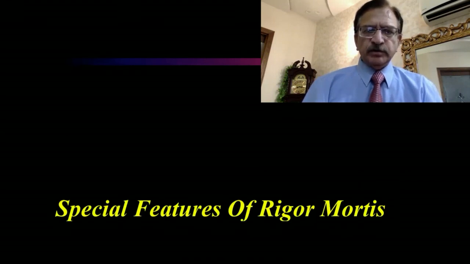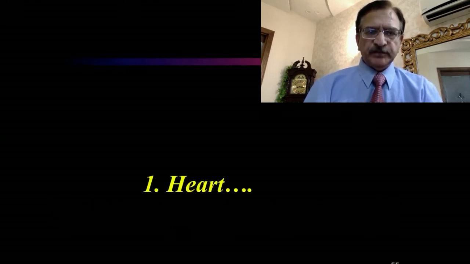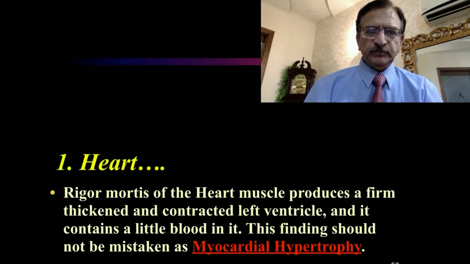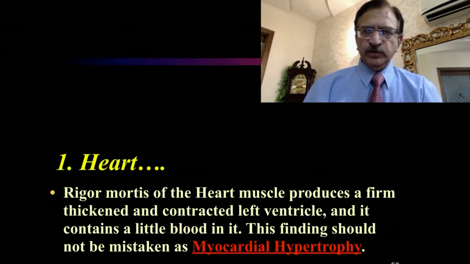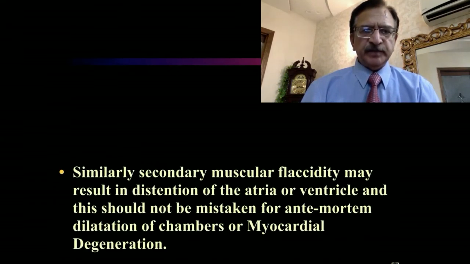Then we'll talk about certain special features which are attached with the rigor mortis, like the heart. The rigor mortis of the heart muscle produces a firm, thickened, and contracted left ventricle, and it contains little blood in it. This finding should not be mistaken as myocardial hypertrophy.